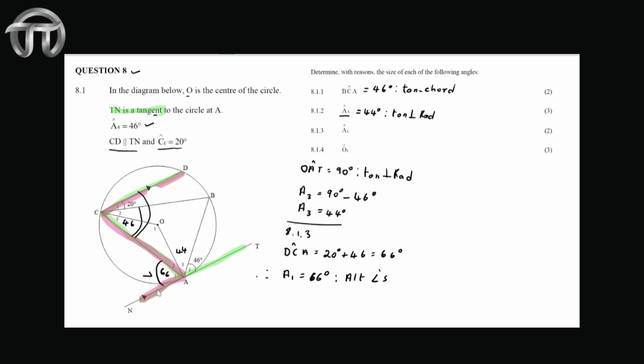From A, if you go to N, you create a Z shape. So that Z shape means that two angles are alternating. This applies when you have two parallel lines, which they have already told us here that our lines are parallel. So angle A1 here, we can confidently say that it is 66 degrees. We have alternating angles. All right, now O1.